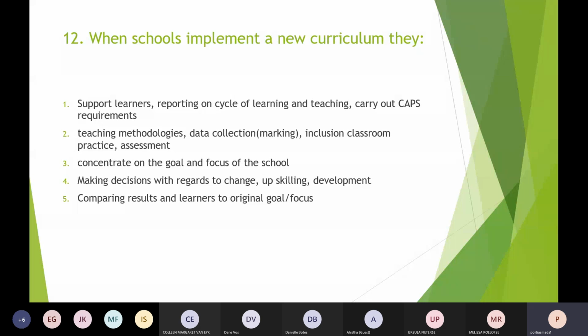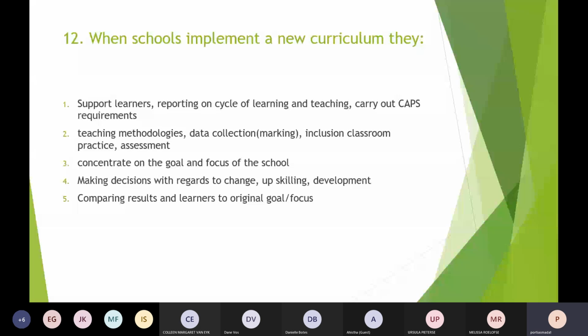If you look at the goal for subject curriculum, the goal is to focus only on the subject. And when you do phase or grade curriculum planning, the goal is to focus on the grade.